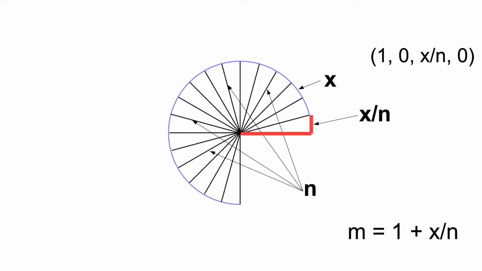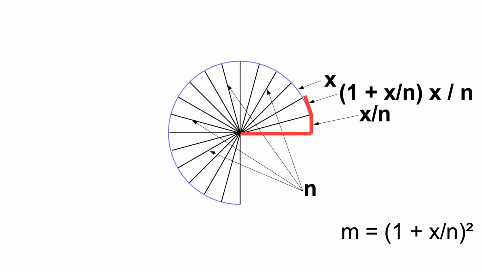We will have to increase the total mass by x divided by n on the first step. As a result we will add a perpendicular vector and rotate the direction of movement x divided by n radians counterclockwise. The total mass after the first step will be 1 plus x divided by n. And the mass increase is the same, 1 plus x divided by n.